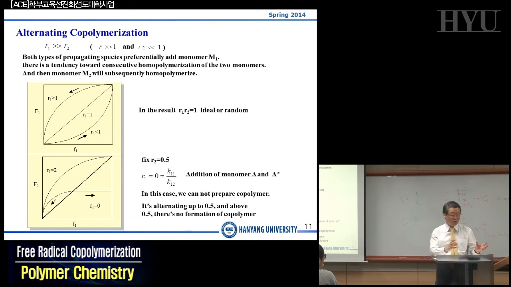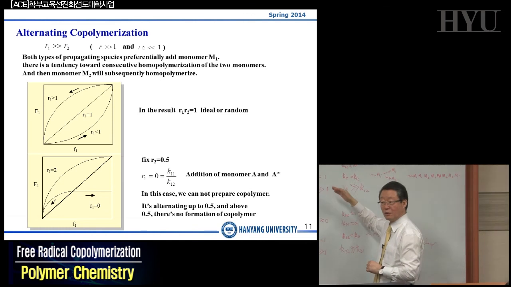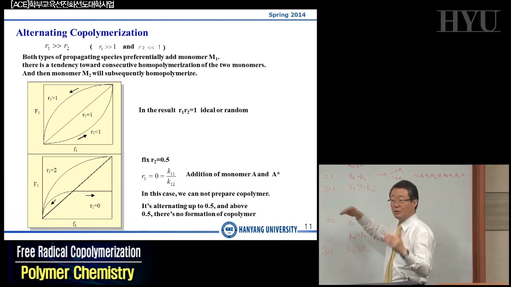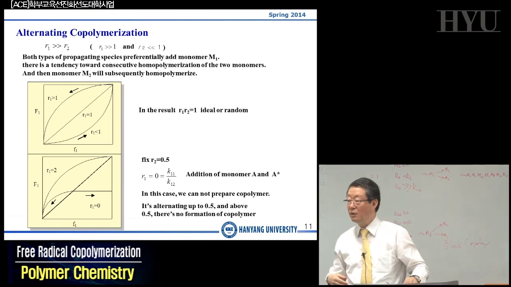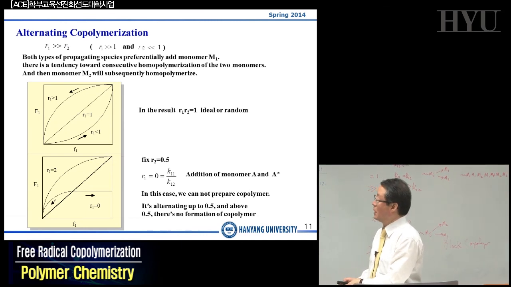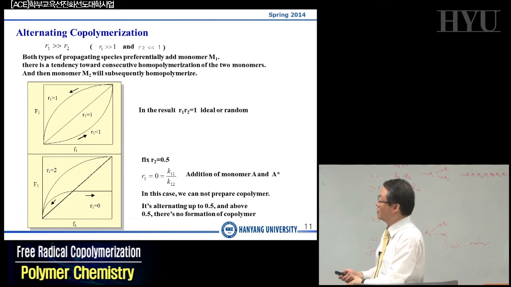So R1 and R2 are important, of course, but R1 and R2 might not be exactly 0 or 1 or infinite, but could be relatively small or larger in some cases, and also the small f1 and m1 over m2 will determine your final composition of the copolymer systems.